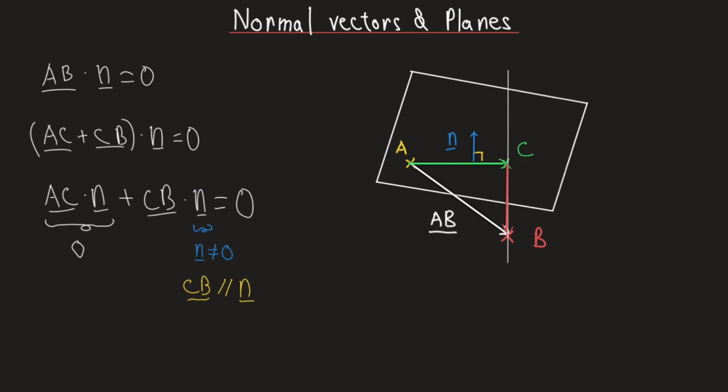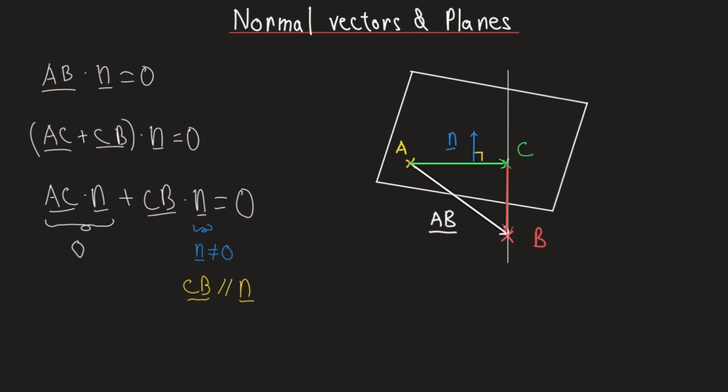There are only three ways for a dot product to be equal to 0. Firstly, the first vector is the 0 vector. The second way is that our second vector is the 0 vector. And finally, the third way for the dot product to be equal to 0 is that these two vectors are orthogonal. But we know that by definition the normal vector is not the 0 vector.